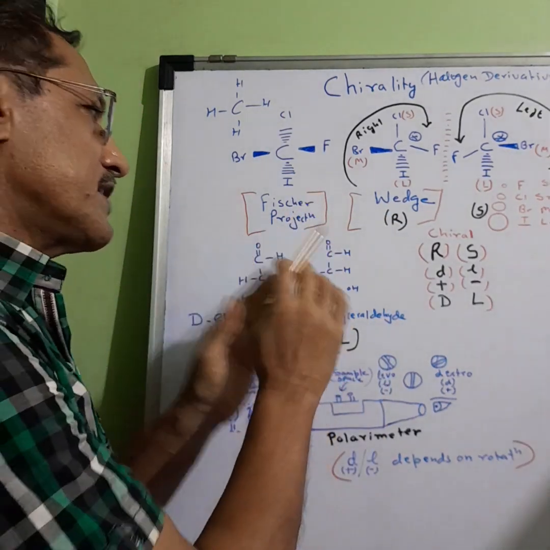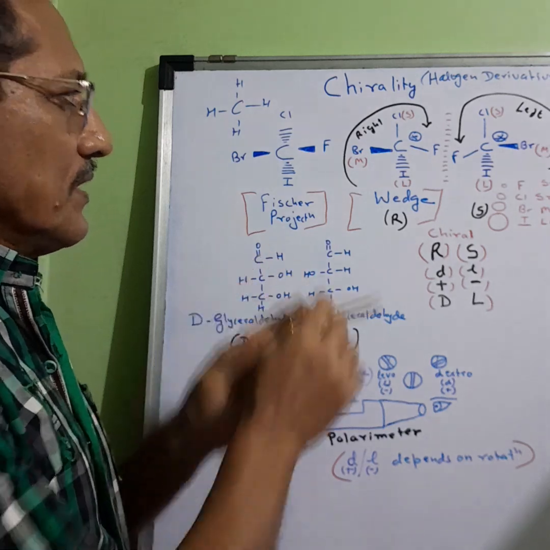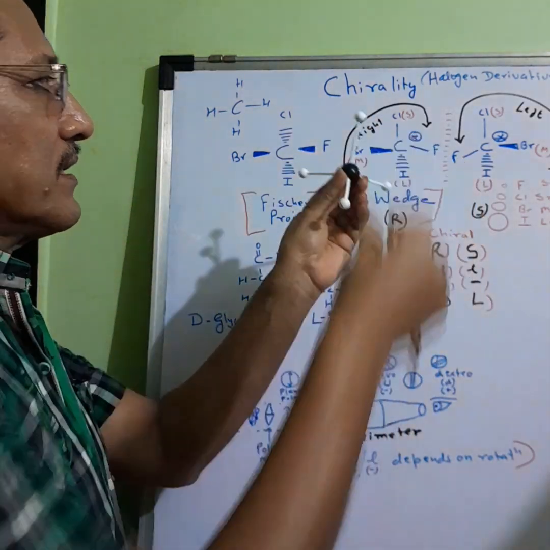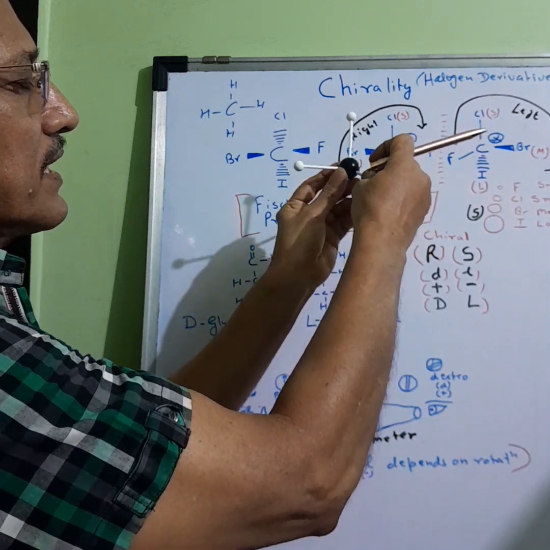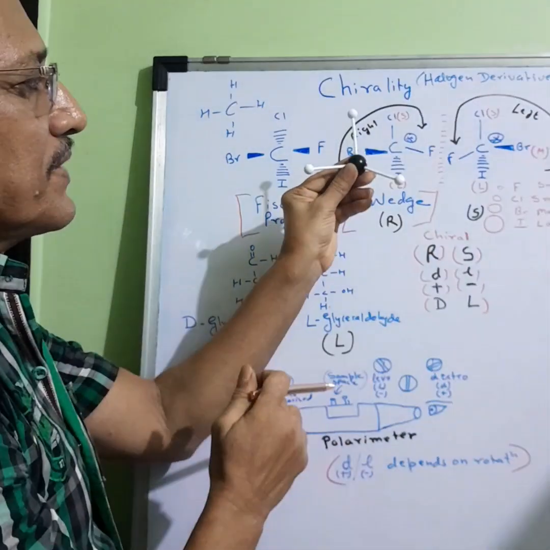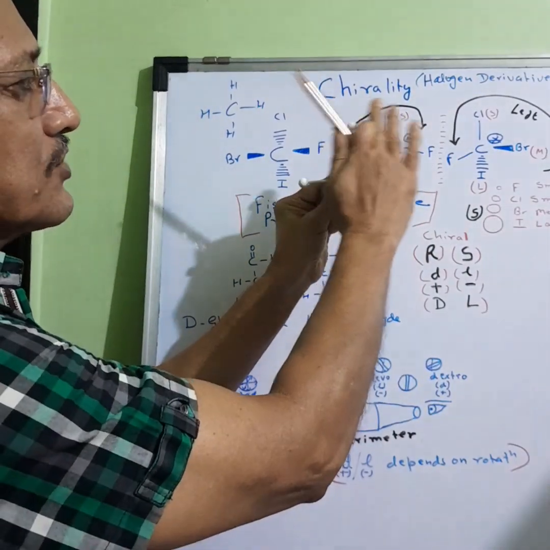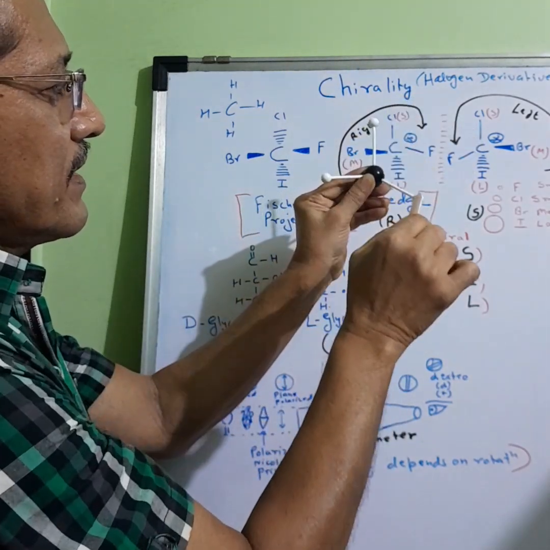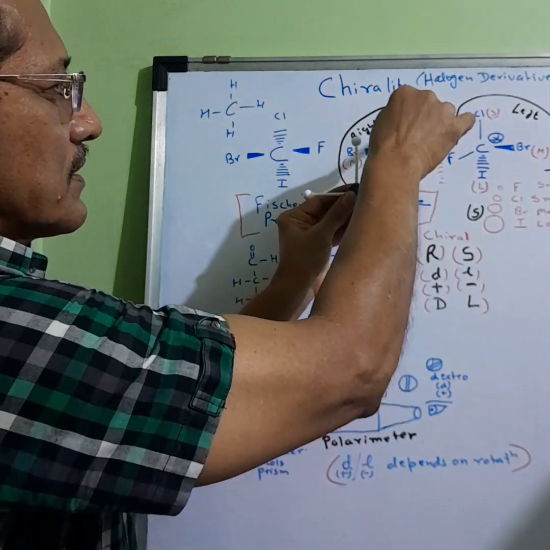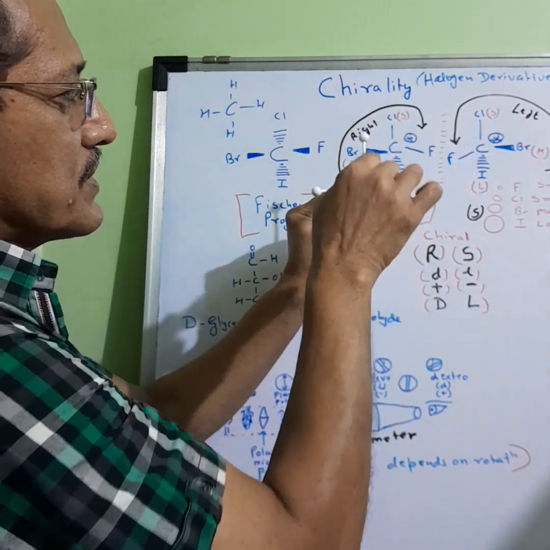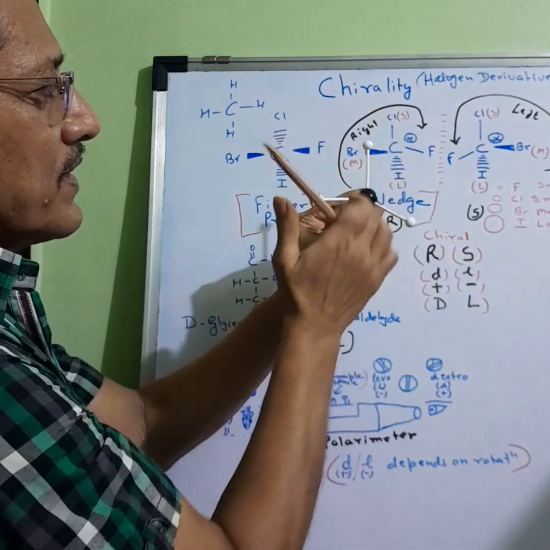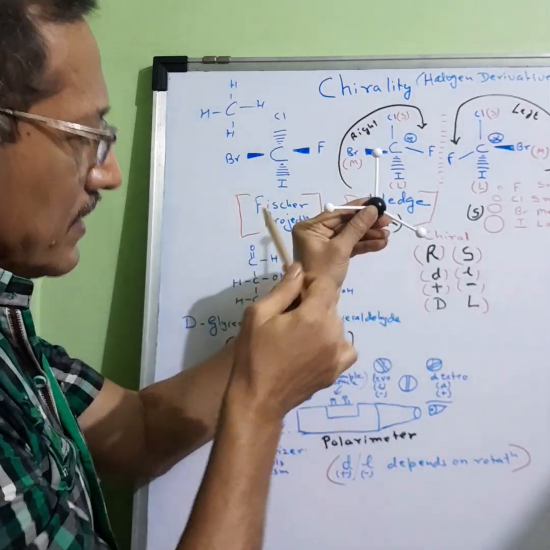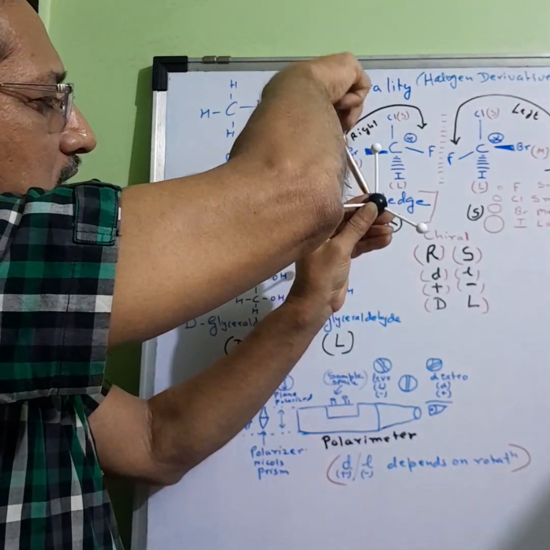Now in the case of the Wedge formula, let me take it this way. Assume that these two, Cl and F, are in the plane. Then Br is above the plane, and I is below the plane.